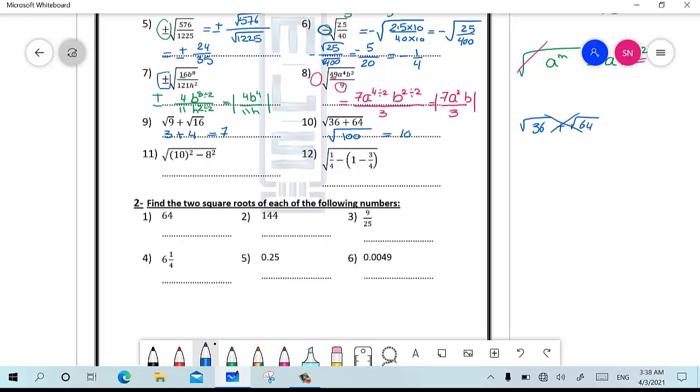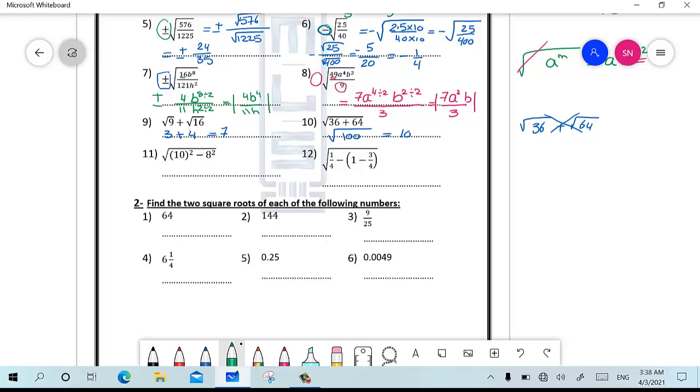Going now for number 11, the square root of 10 squared minus 8 squared. The same as I did here in number 10 while I was adding, I go first and find the subtraction and then find the square root. I cannot go here and say that the square root cancels the power 2. This is completely wrong because I am performing subtraction. If I was performing multiplication, it's going to be okay, or division.